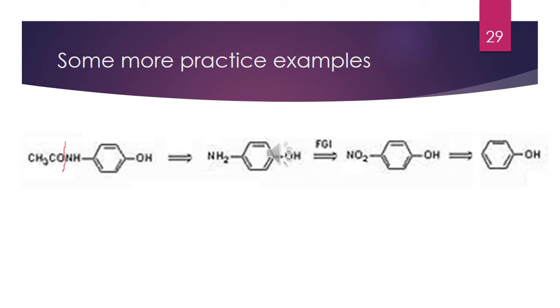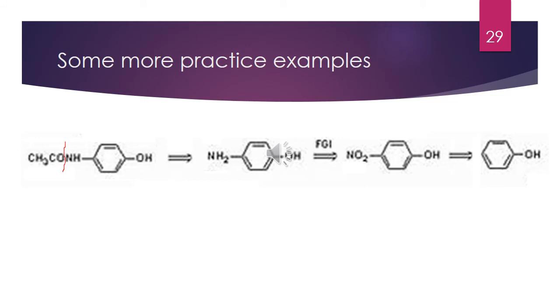So first we will consider the synthetic scheme if we disconnect between carbon and nitrogen of the amino group. Instead of breaking the bond, we do the functional group interconversion.